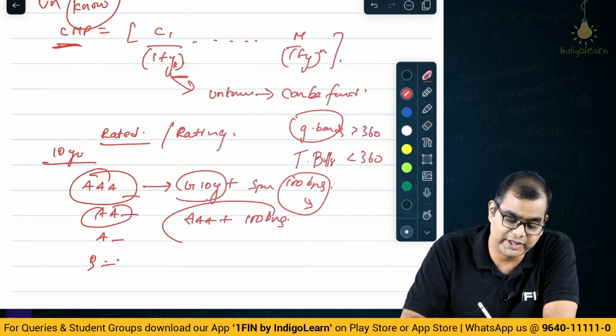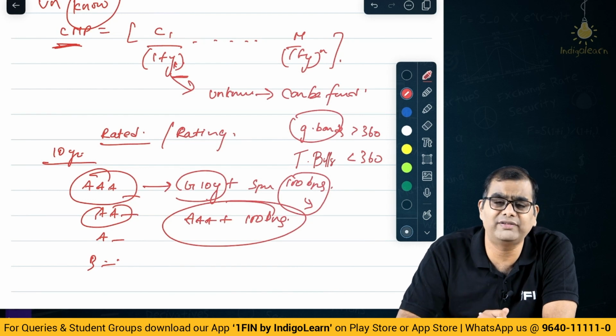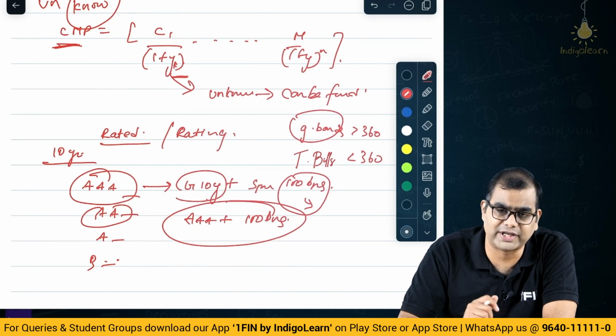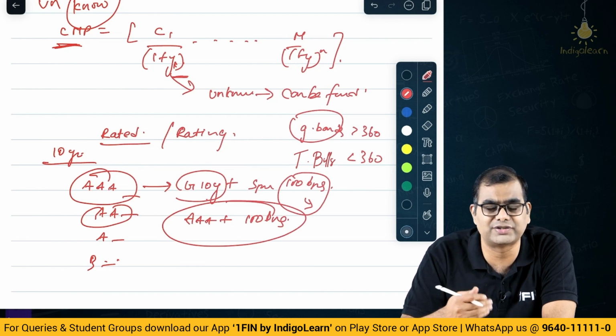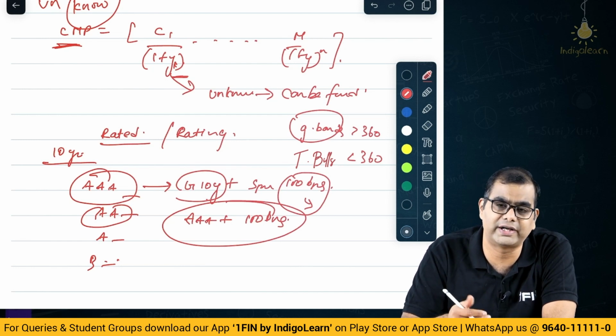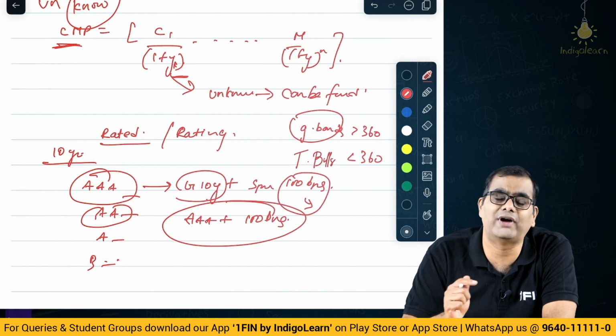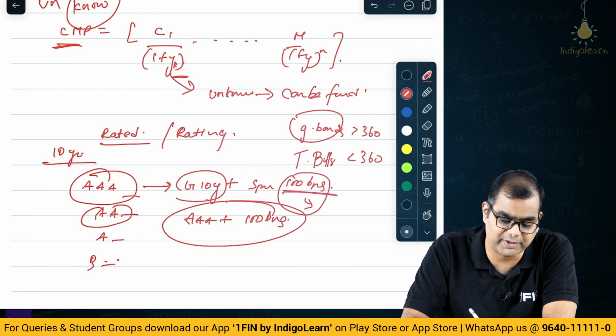Something like that. So in the market, whatever the current security ratings are, you look at comparable securities which have a very similar rating or a higher or lower rating, you take those and then you add a spread to that. Spread is in basis points.